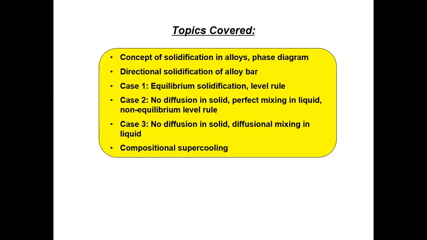Before I describe all of the technical stuff, I will first revisit the concept of solidification in an alloy, as we can see from the phase diagram. And then, because of the complexity of the system, we have to restrict our analysis, especially in the context of this class, to a very simple one-dimensional system, which is the directional solidification of an alloy bar.